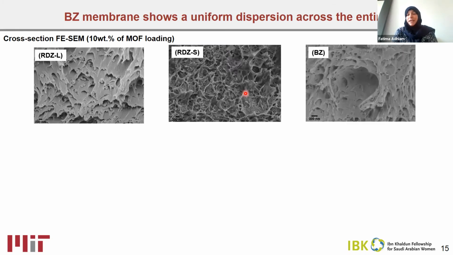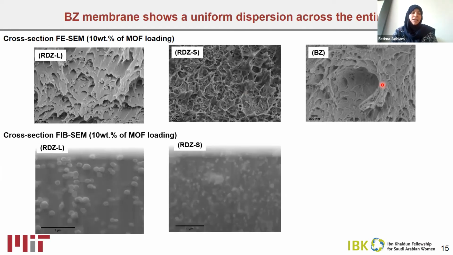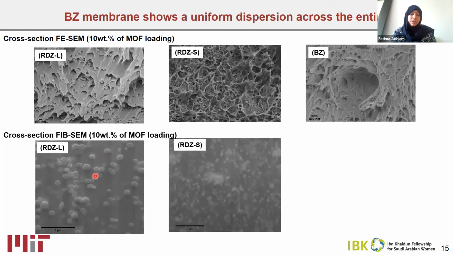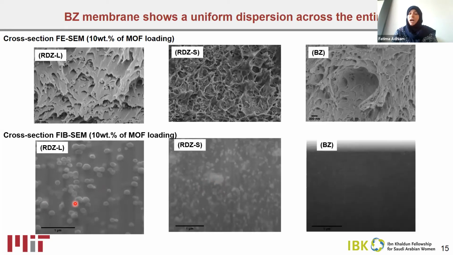For the branch material, we can't really distinguish between the ZIF material and polymeric matrix, which indicates good adhesion of this filler in the polymeric matrix. A cross-section focused ion beam also shows a wide size distribution between 30 nanometers and 300 nanometers obtained from RDZ with larger or smaller particle size, which can be attributed to the agglomeration of these particles. However, in the case of the branch material, we can see uniform dispersion across the entire film.